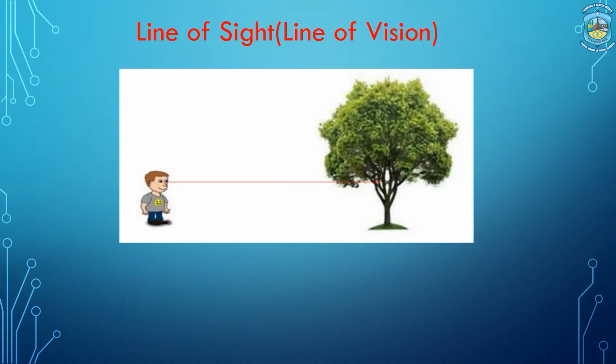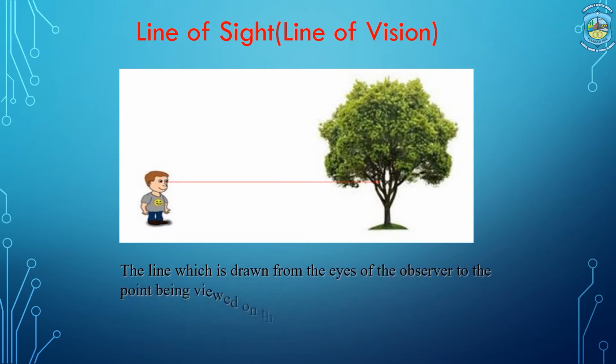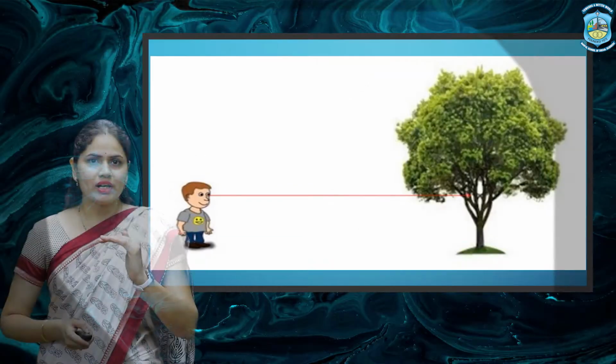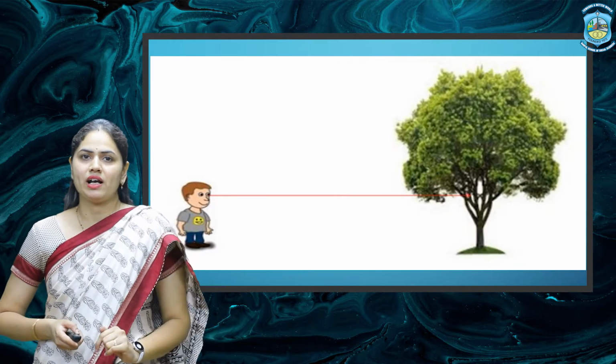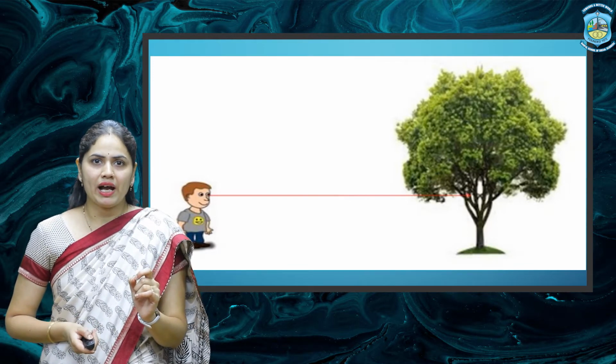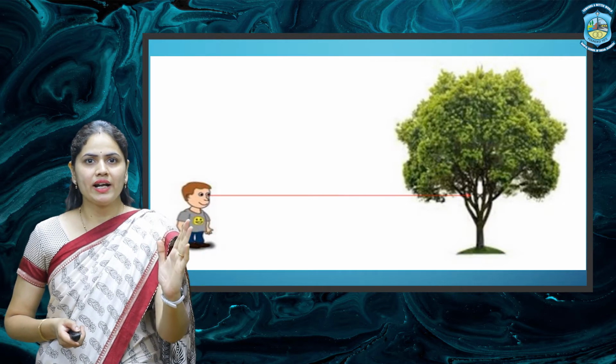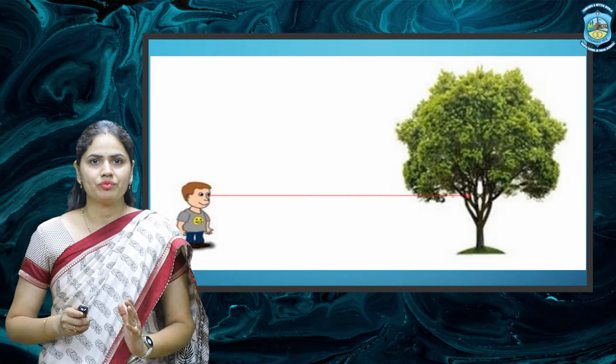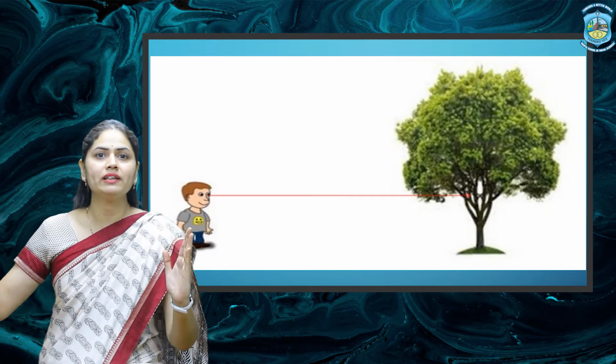The line which is drawn from the eye of the observer to the point being viewed on the object is known as the line of sight. For example, in this diagram, you can see that a person is standing in front of a tree. Now he is trying to see the tree.